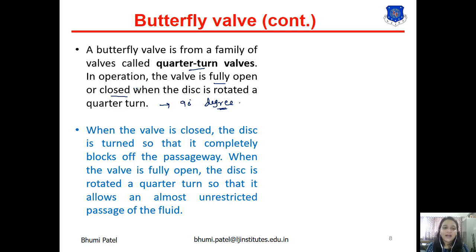When the valve is closed, the disc is turned so that it completely blocks the passageway, and whenever the valve is fully open, the disc is rotated a quarter turn so that it allows an almost unrestricted passage of the fluid.